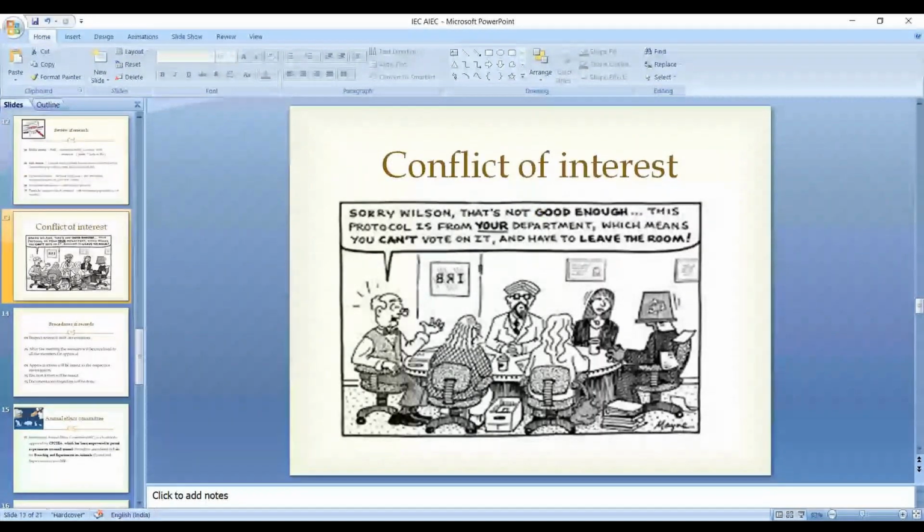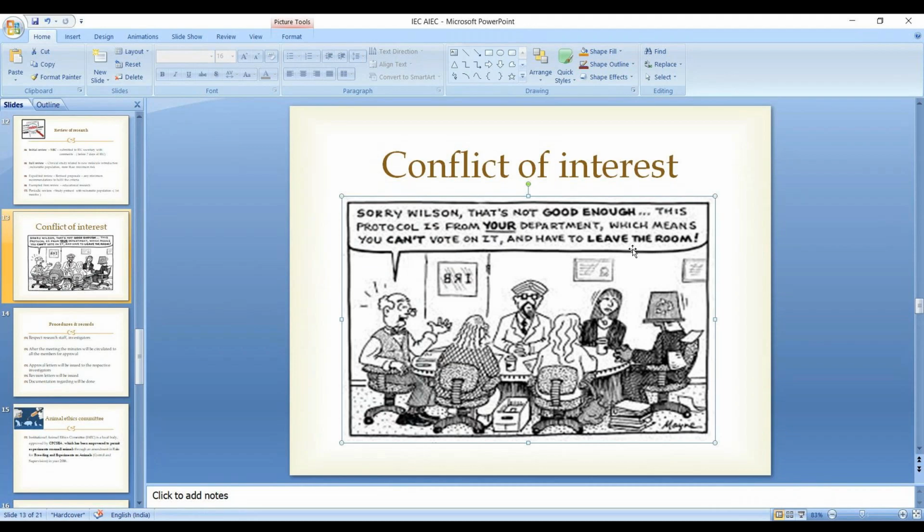Here you can see that a person, he may be the chairperson or somebody, if the protocol is from your department, it means you cannot vote. आप वोट भी नहीं कर सकते and have to leave the room. तो आपको ये जो मीटिंग है वो भी छोड़ के जाना है अभी बाहर. If the protocol is from your department, see the significance.